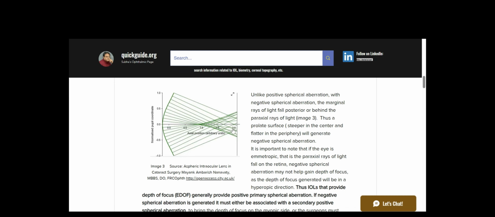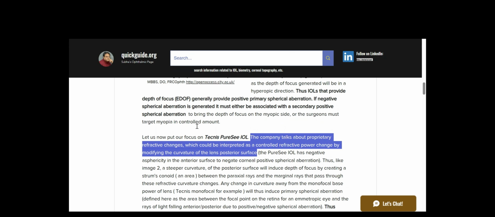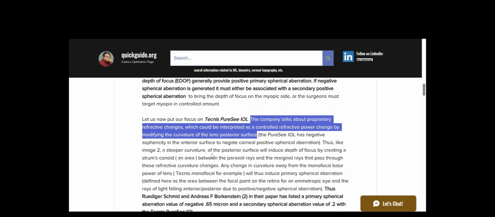This kind of aberration you will find more in a very prolate cornea. Say, for example, a prolate lens, very steep in the middle but very flat towards the periphery. Now coming to the Tecnis PureSee IOL, as I explained to you, they have brought in proprietary refractive changes.